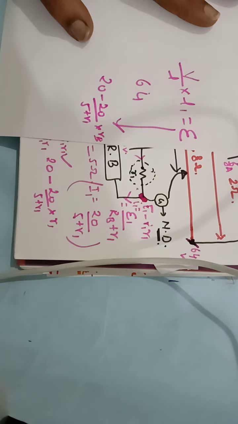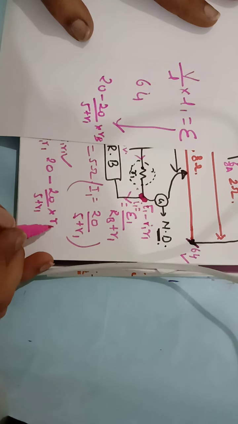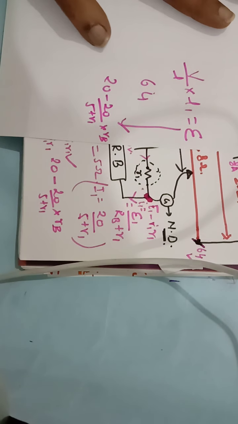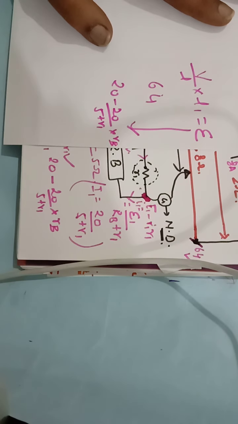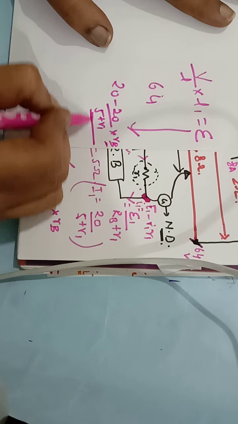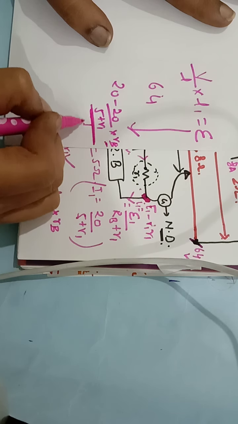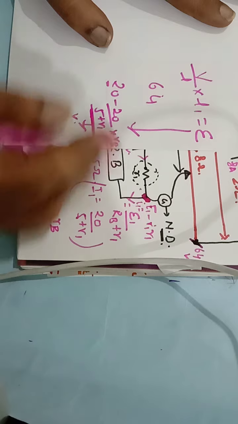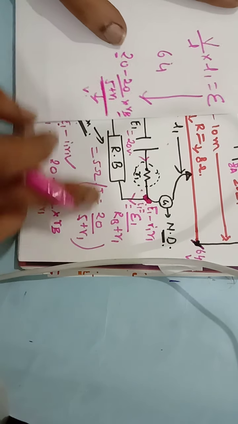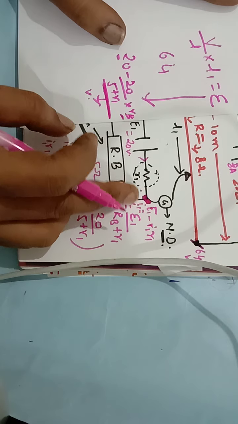Why will it be RB? I have previously told you that when I have completed explaining something, I will start confusing you so that you can learn more, right? It will be RB. Why? What is this? It is a voltage value. It is actually a voltage drop. E1 was 20, and this is the drop in this resistance. How did we calculate the voltage value? In series.